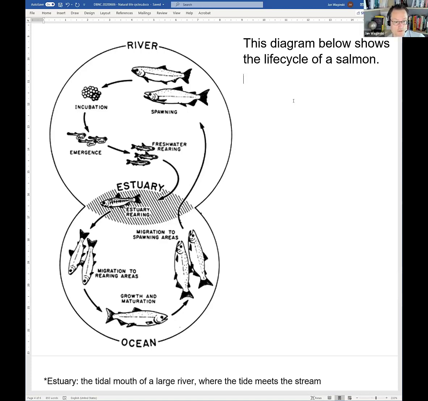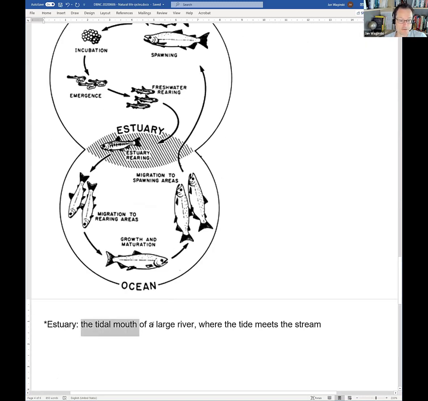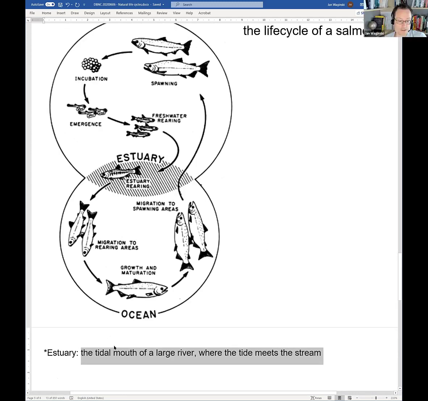Do these words have good synonyms? The words are very difficult. What does estuary mean? Oh, so it's right here. I don't know if you can see it. Estuary is the tidal mouth of a large river where the tide meets the stream. Oh, where the river and ocean meet? Well, yeah, it's like the mouth of a large river.